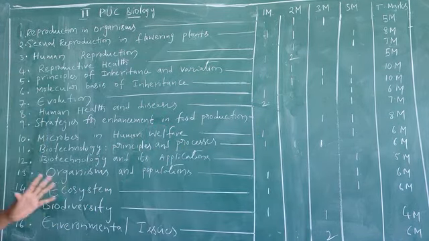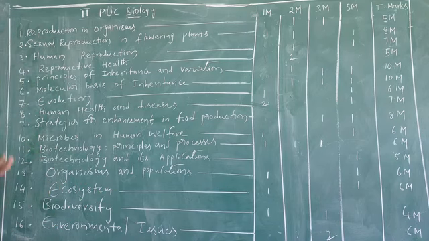Now see here, out of 16 chapters, the first 4 chapters are 1 unit, and chapters 5 to 7 are the next unit, and chapters 8, 9, 10 are the next unit, and 11, 12 is the 4th unit, and 13, 14, 15, 16 is the last unit.